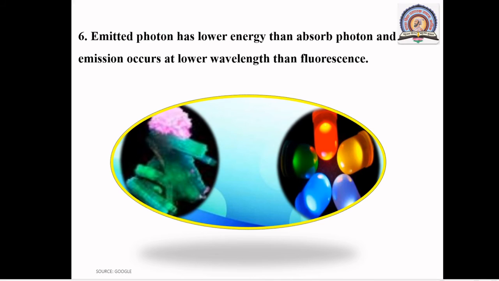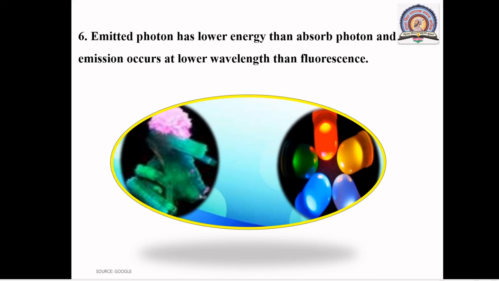In fluorescence, the excited atom has a comparatively short lifetime before it transitions to the lower energy state, while in phosphorescence, the excited atom has a comparatively long lifetime before it transitions to the lower energy state.